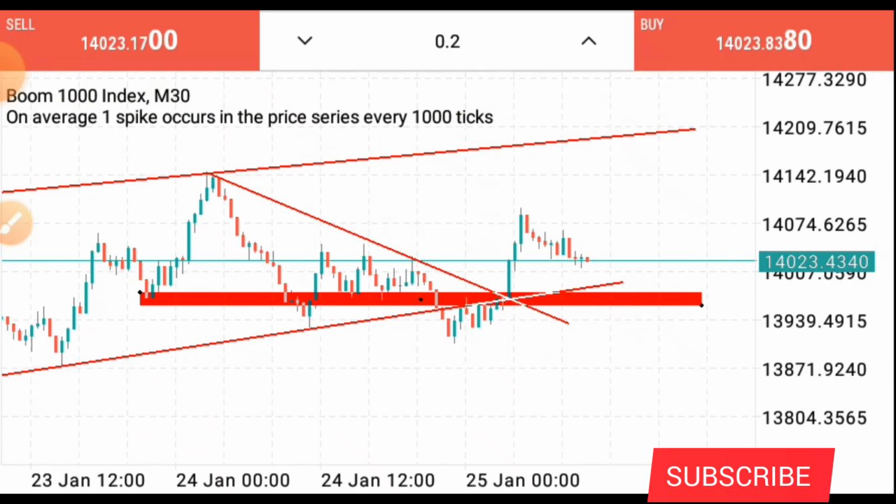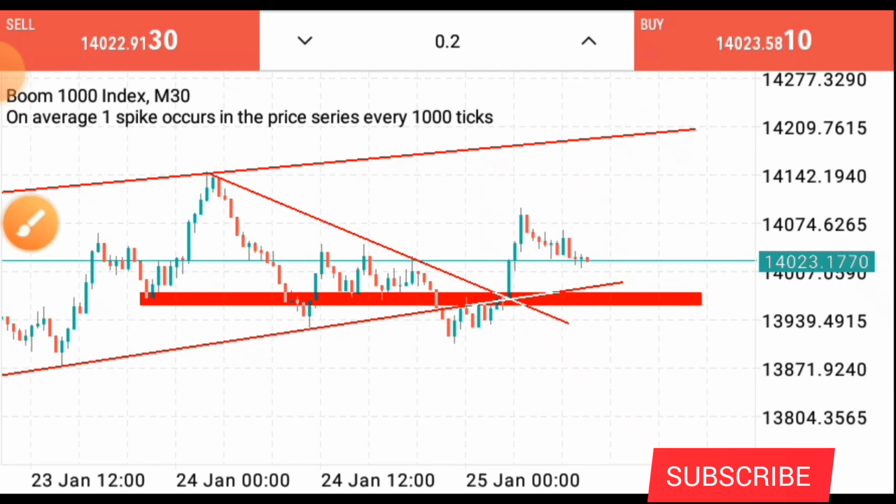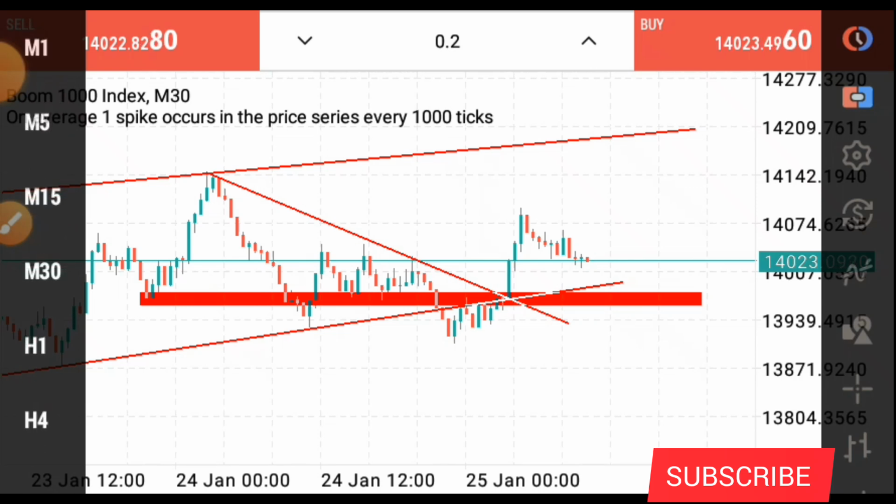So all that is left now is to wait for price to come to my zone here, where I'll be looking for my buying confirmation, and then I'll hold to this area here, this area there. Now let me show you how I will take the entry.